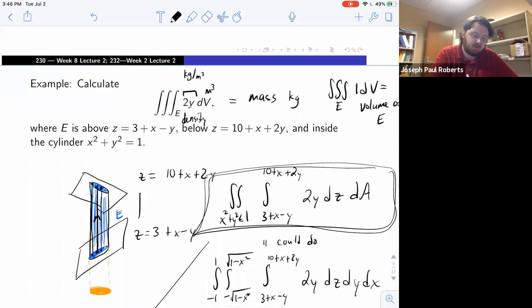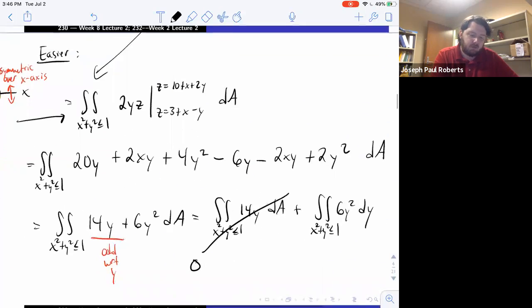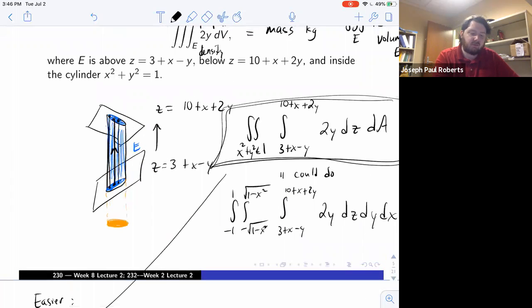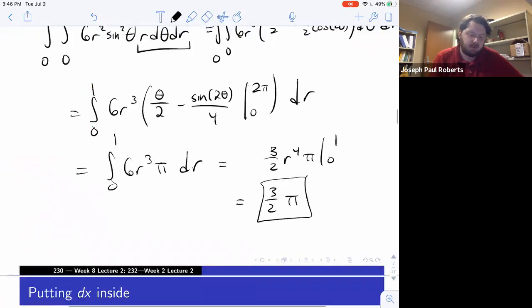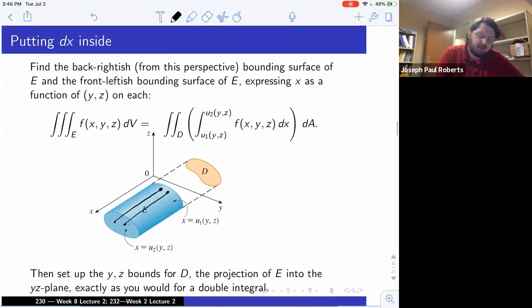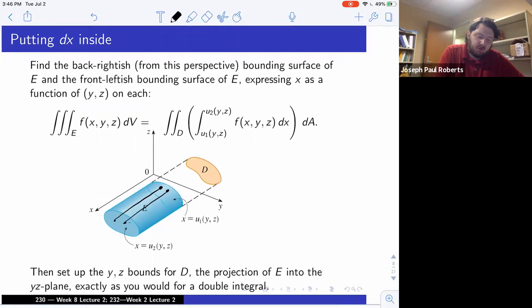If you're keeping x and y the same, you're just letting z start there and stop there. So the analogous idea with x on the inside is that you're going parallel to the x-axis. You're starting on this surface, x equals u1 of yz, you're increasing x, keeping y and z the same, and you're stopping at x equals u2 of yz.